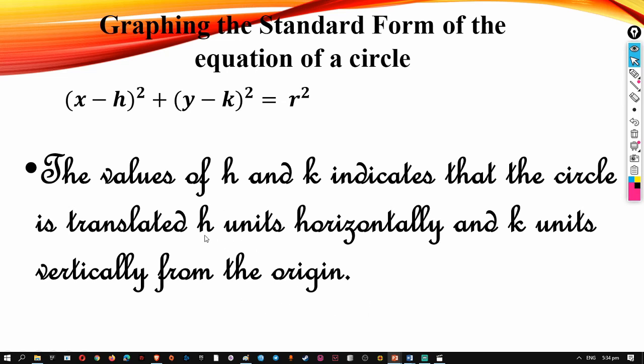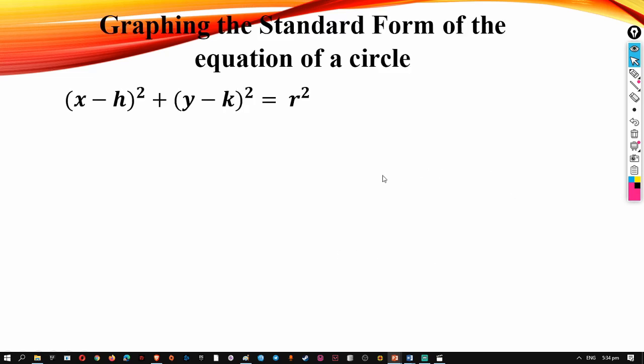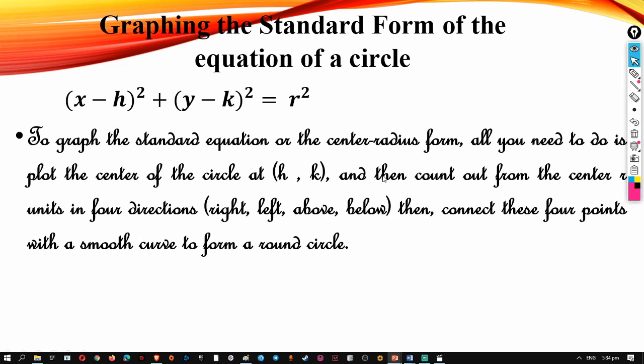So, ang h ay nagsasabi kung ano yung layo niya horizontally. So, pahalang. At yung isa naman ay vertical. Okay. So, to graph the standard equation or the center radius form, all you need to do is plot the center of the circle at h, k.